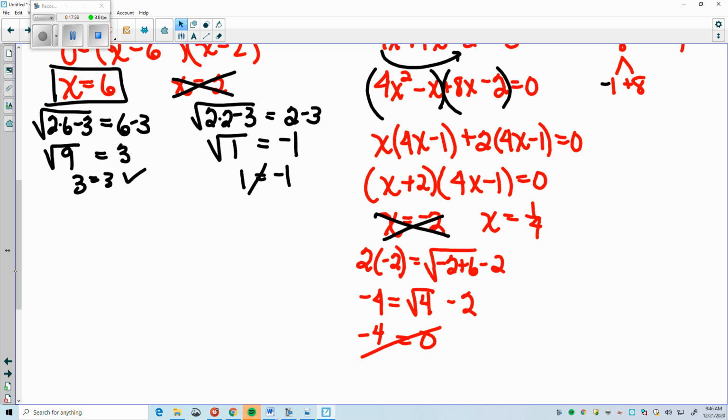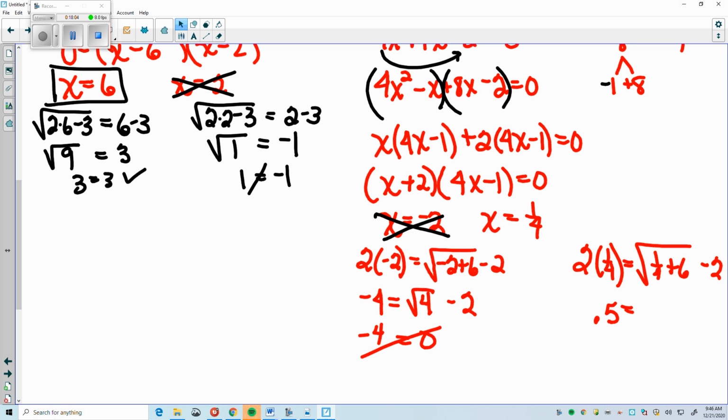Okay, let's try our 1/4. So I would have 2 times 1/4. Now we're going to see, is that equal to the square root of 1/4 plus 6, and then from here we want to subtract 2. Okay, so 2 times 1/4, or I could take 2 divided by 4, that's going to leave us with 0.5.